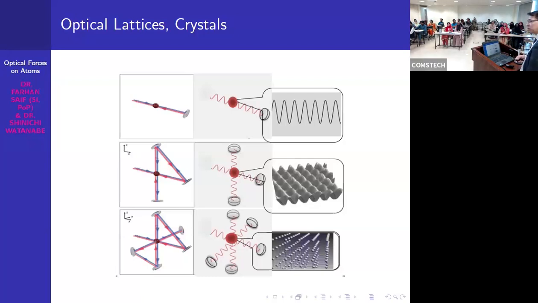One moves toward this mirror, then goes in this direction, and then this direction, and then this mirror reflects it all back, and so on. At this point there are four beams intersecting with each other, and here we have six beams intersecting with each other, and so on. Their intersection makes, at the intersection point, a very interesting array of small optical potentials, which are spherical in shape.